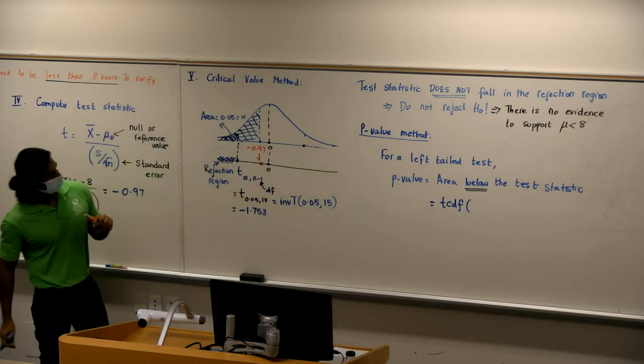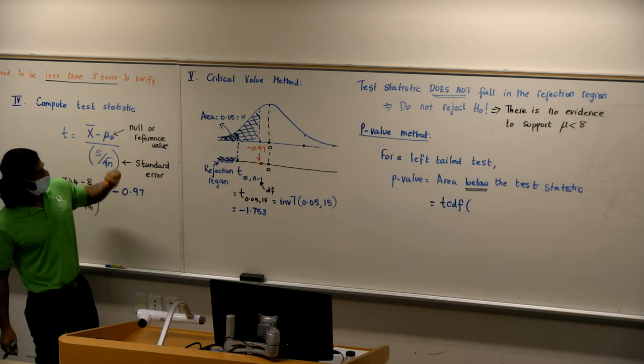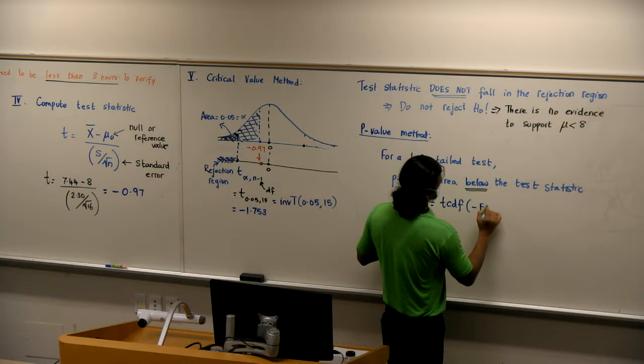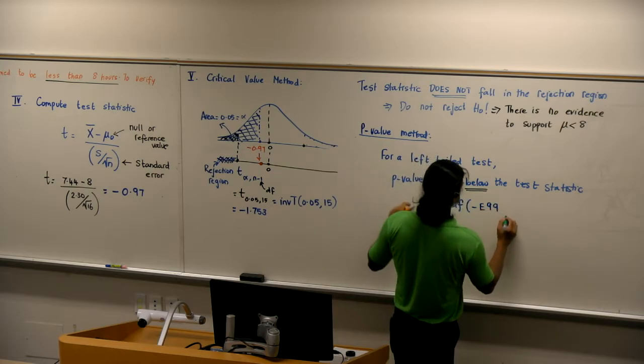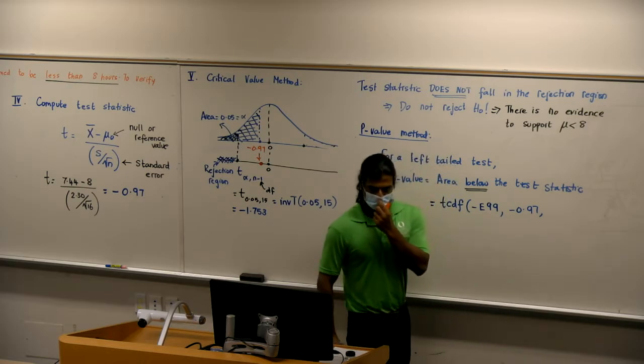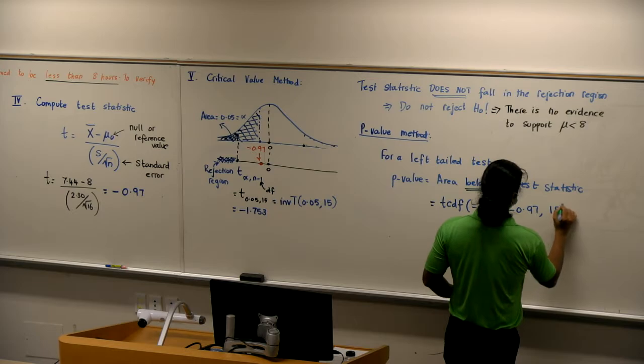Area below the test statistic, so we start at negative E99, go all the way up to negative 0.97, and degrees of freedom, which is 15.